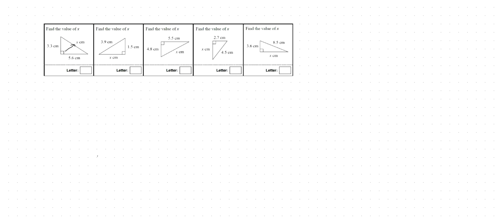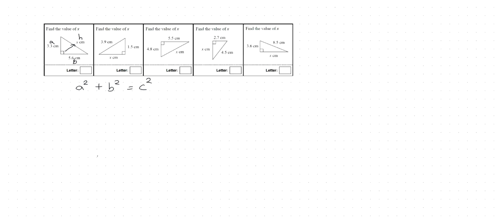So there is the hypotenuse, and that's what I'm looking for. I know that I've got my base and my shortest side. So I'm going to use a squared plus b squared equals c squared. Again, some people like to use h squared just because it reminds them that it's a hypotenuse.